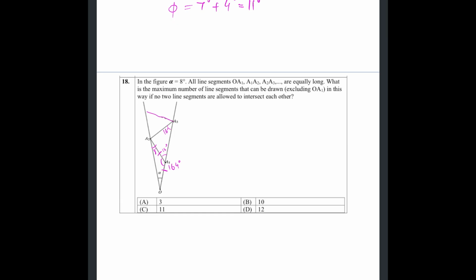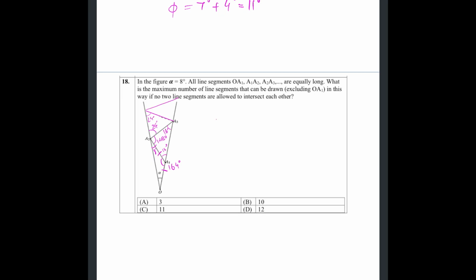And in the next triangle here, this will be 180 minus 16, which is 148. So this angle will be 148 and this angle here will be 24 degrees, and this again will be 24 degrees, and this will keep happening.